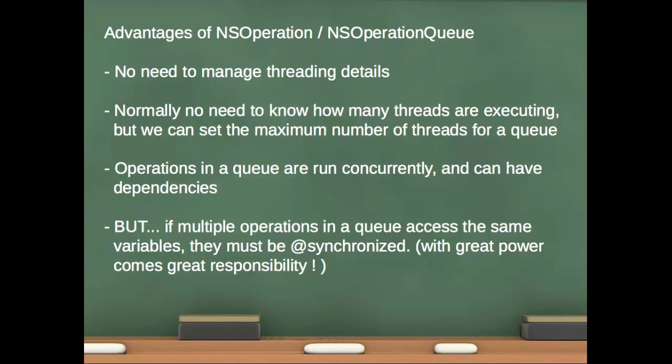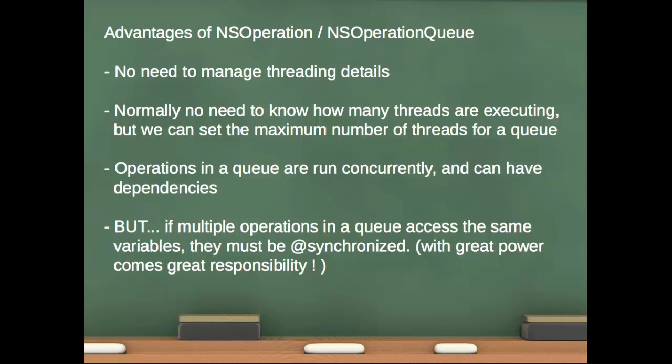Now, we can throttle down the maximum number of concurrent threads, but we don't need to know that really. If our application starts to bog down, you might want to think about throttling down that maximum number of threads for a queue. But if it's not, then you just want to run the default maximum.